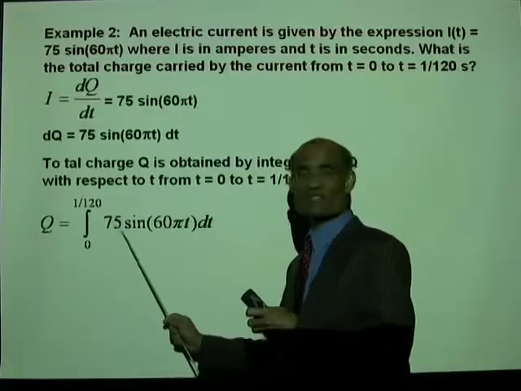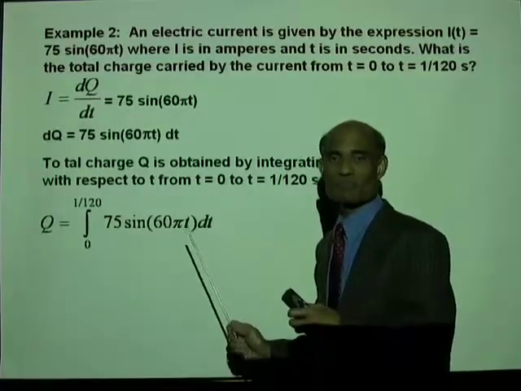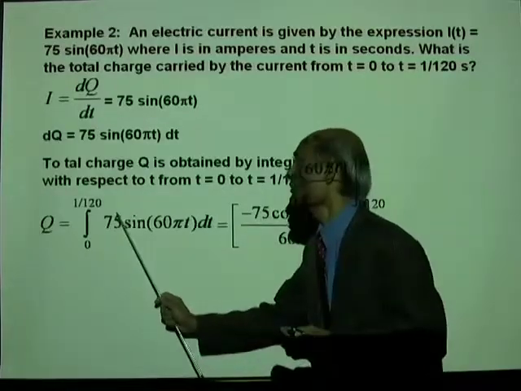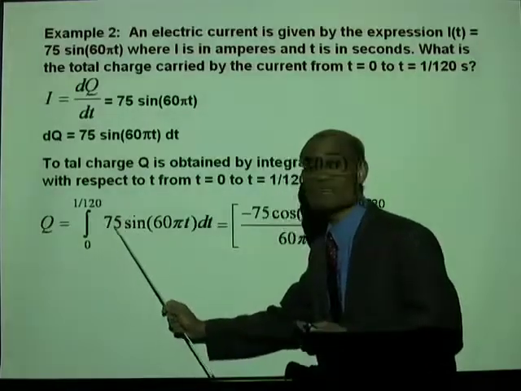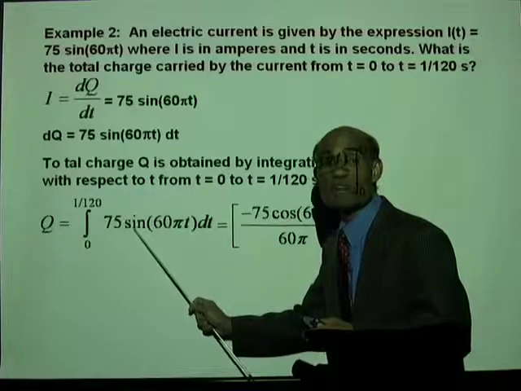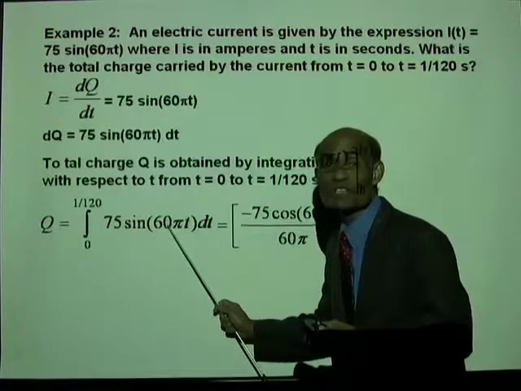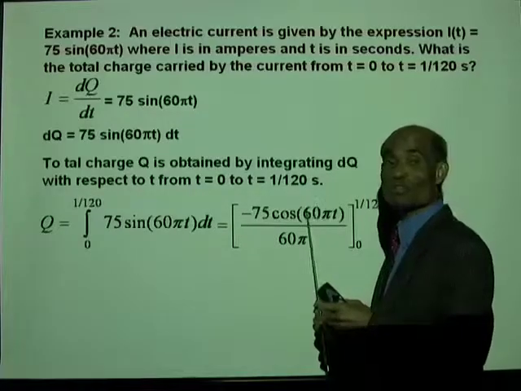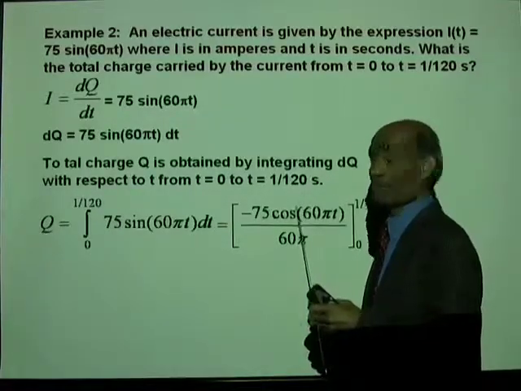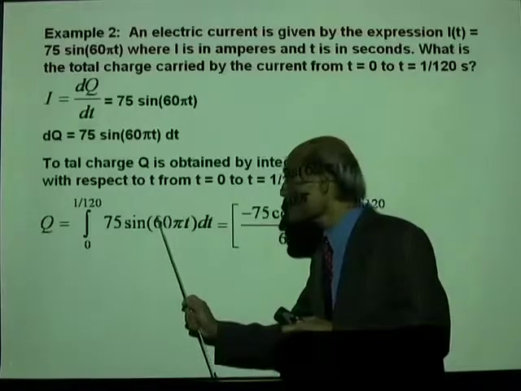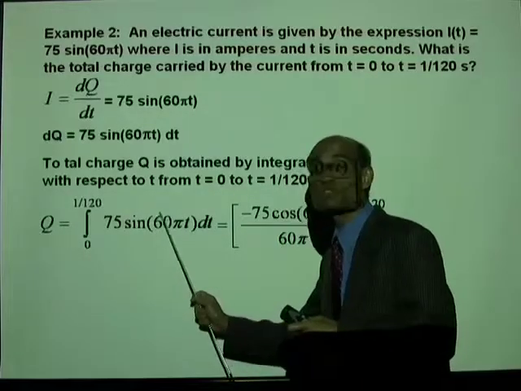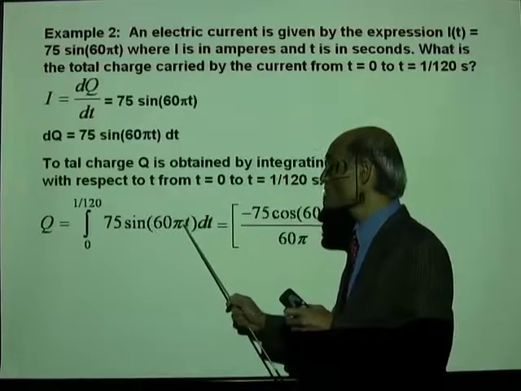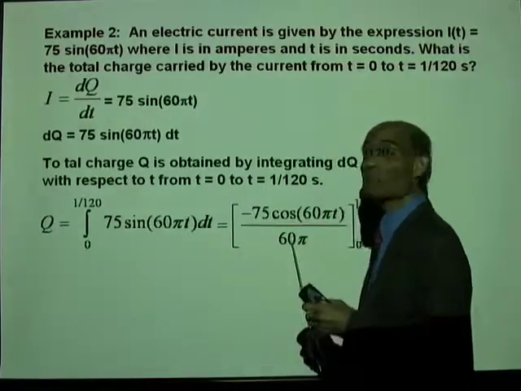Can you do this integration without any trouble? Well, that will be, look at this, 75 is a constant. The integral of sine quantity is negative cos of the same quantity, and then divide that by the derivative of this quantity, 60 pi t. The derivative of 60 pi t is 60 pi.